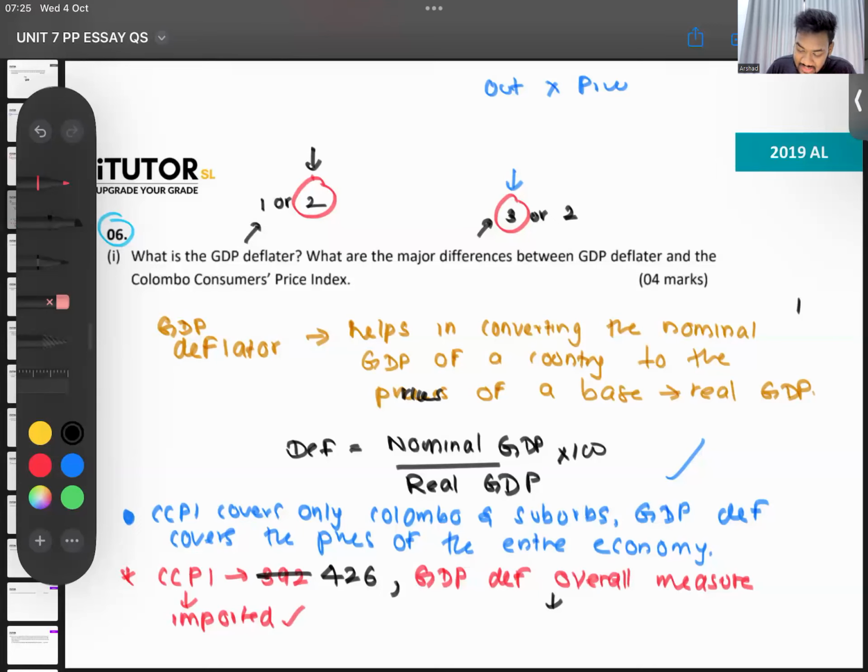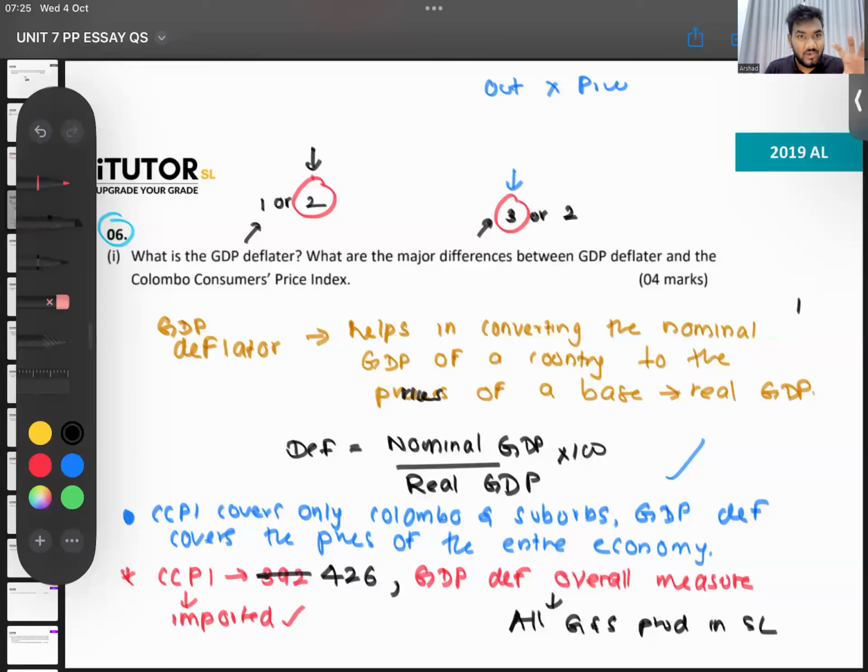Now see, in GDP there are no imported goods. Remember how you calculate GDP? C plus I plus G plus X minus M. You remove the imports, so imports are not inside the GDP, and won't be covered in the GDP deflator.